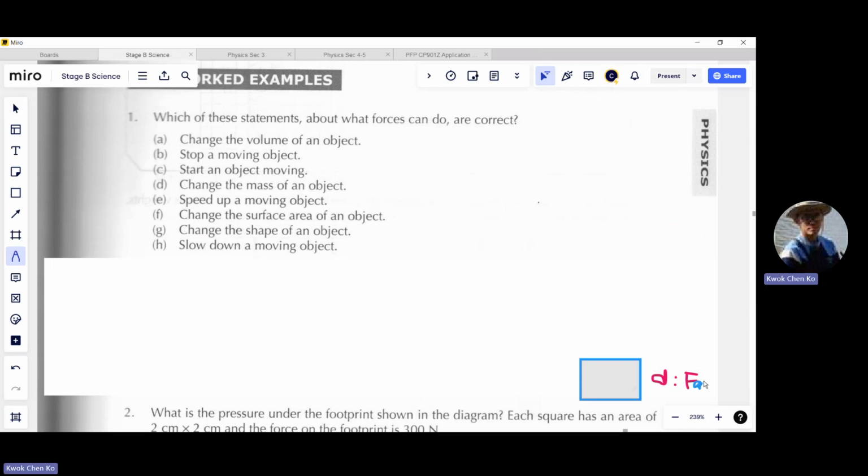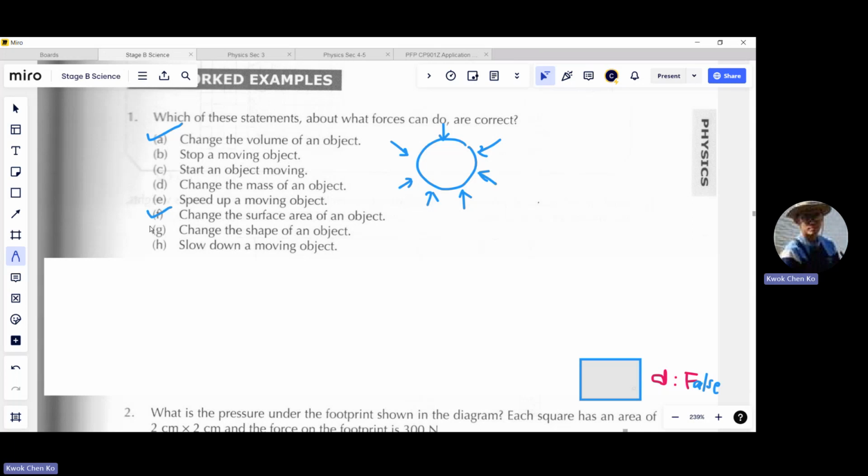What about A? You can change the volume of an object. Come, I have a balloon here. Can I squeeze it to become smaller? I can. So that's changing the volume. So A is correct. This one is a bit tricky. And when I squeeze it, am I changing the surface area too? Yes, I am.